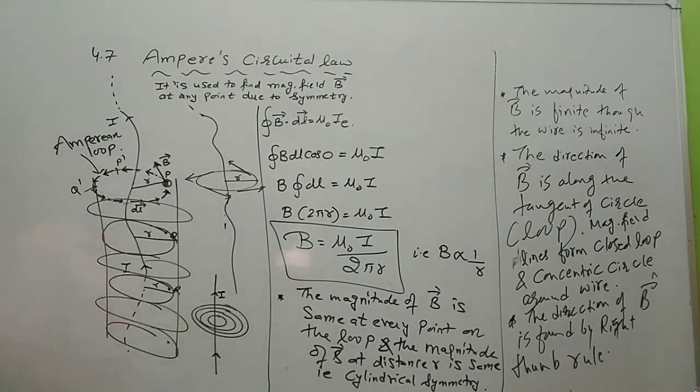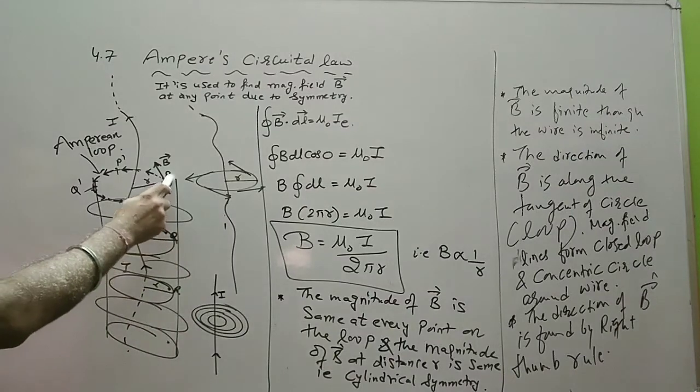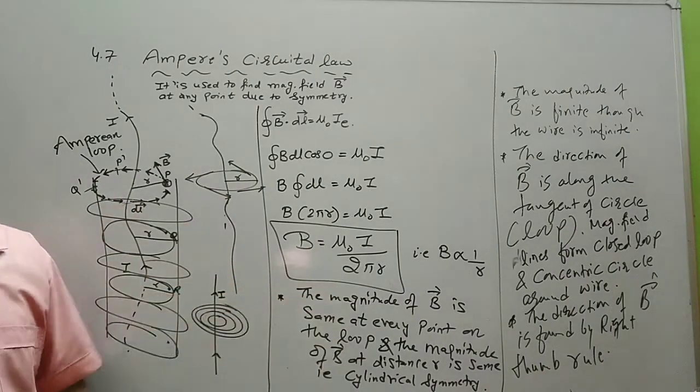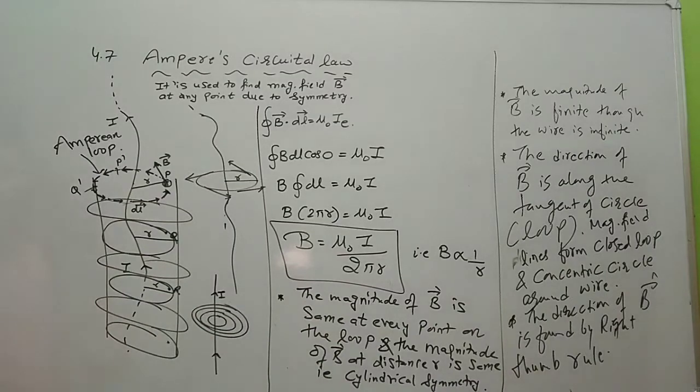Now if this point P is on the axis of the wire, then we will see what the magnetic field intensity will be. Remember that it should not be infinite.